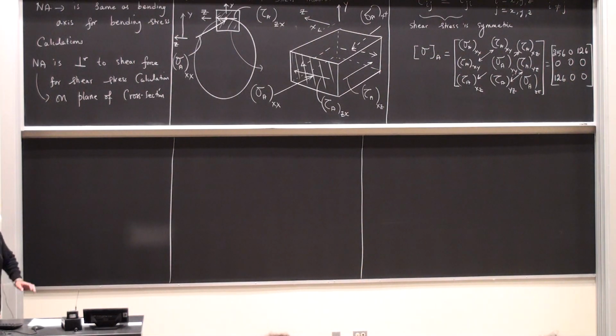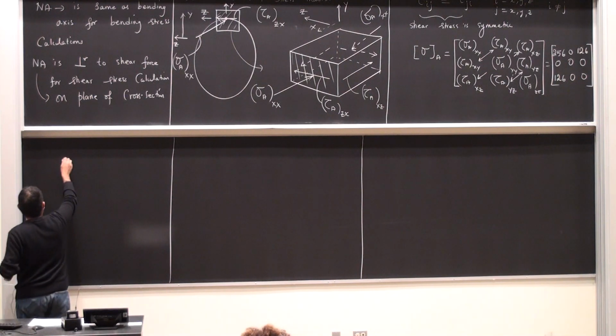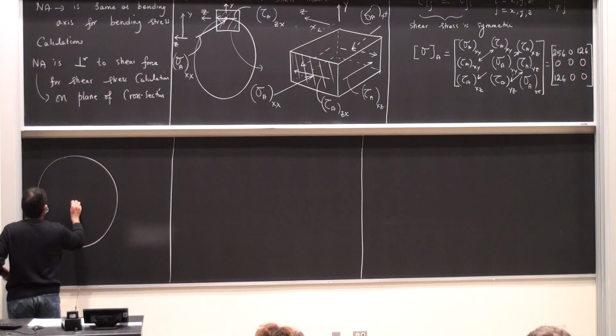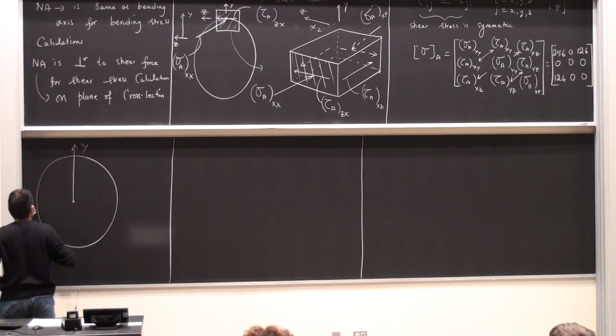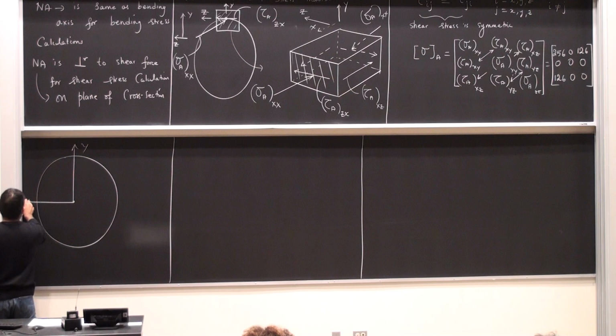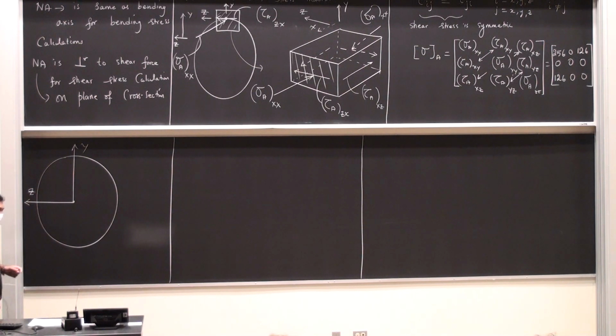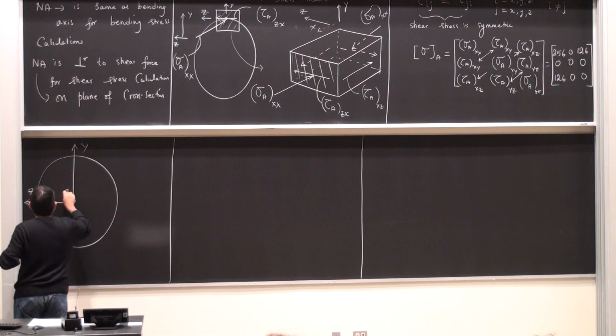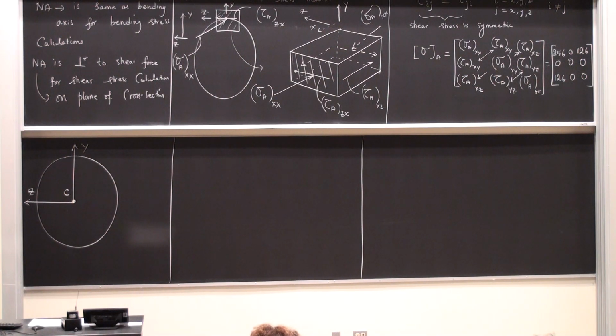So just to do it for point C, I'm going to redraw the cross section. Once again, you don't need to do it. Okay, Y and Z. Point C is my point of interest.